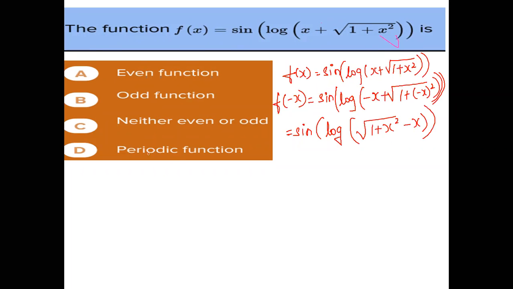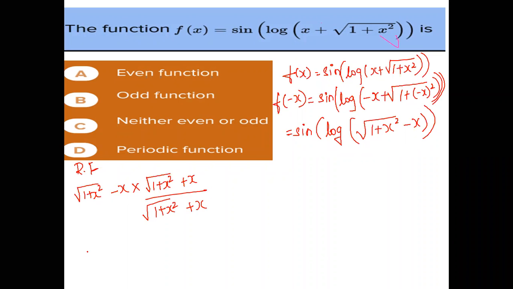Now you know some concept called rationalization of factors. So how to rationalize this factor, square root of 1 plus x square minus x? You have to multiply and divide by the opposite of this, that is square root of 1 plus x square plus x, divided by square root of 1 plus x square plus x.